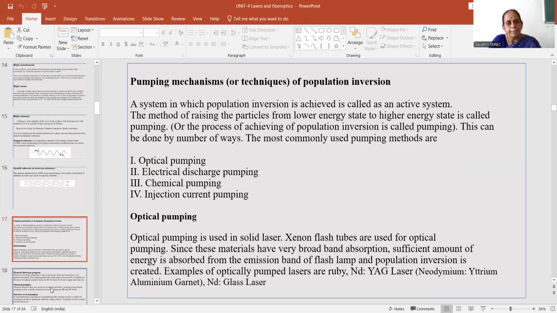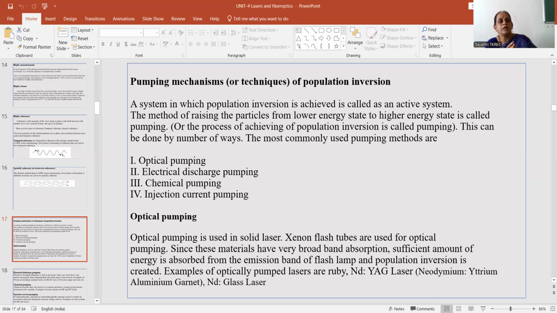Next we are going to see the pumping mechanism. There are different types of pumping. Pumping means we are raising the atoms from the lower energy state to a higher energy state in order to achieve stimulated emission and population inversion.